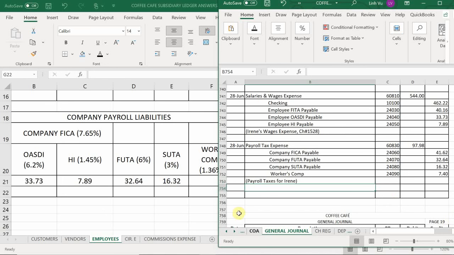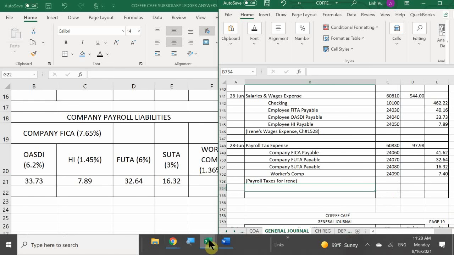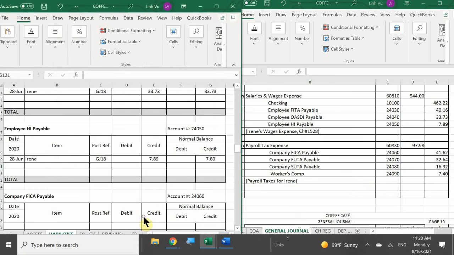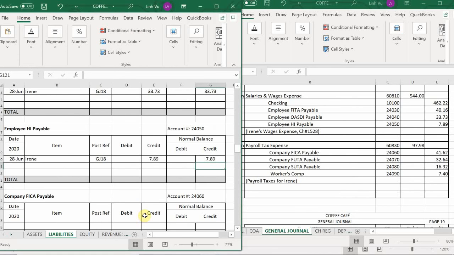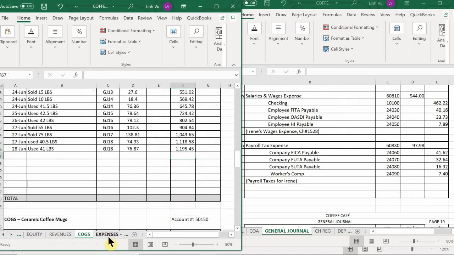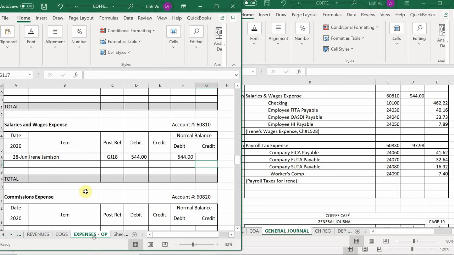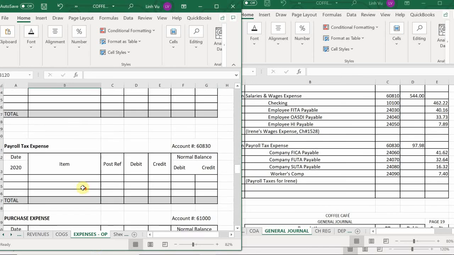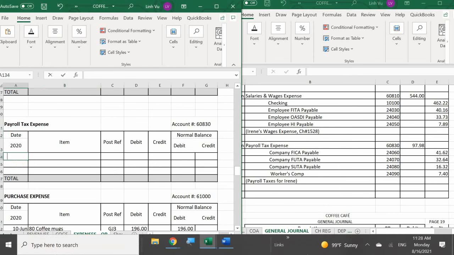So in this case, we're going to place it into our ledger, starting with our very first account, payroll tax expense, which is an operating expense. For the note, I'm just going to write Irene because that's our only employee that we're calculating these taxes on. General Journal 18.